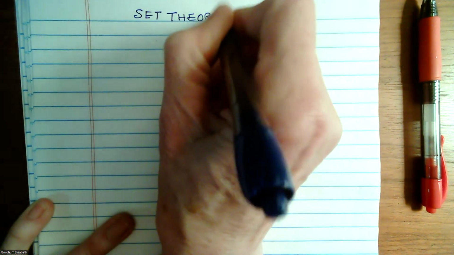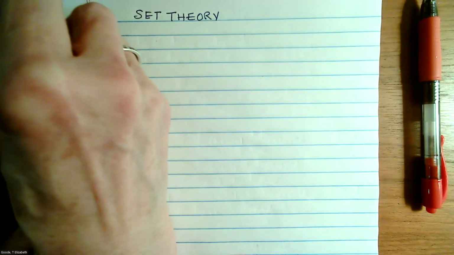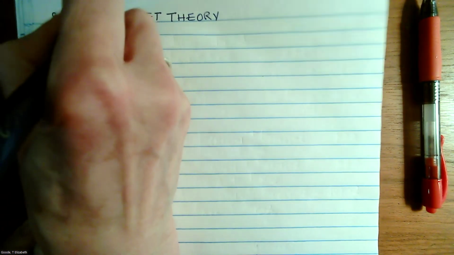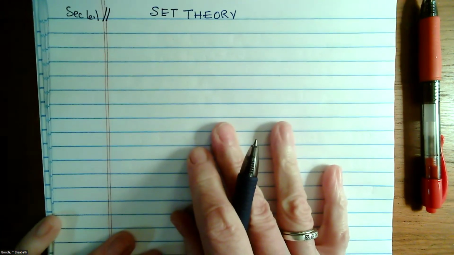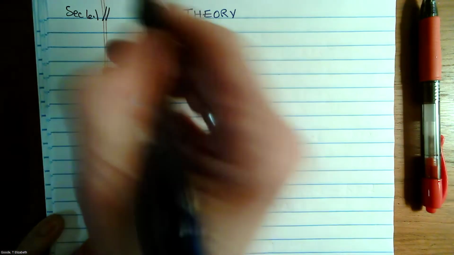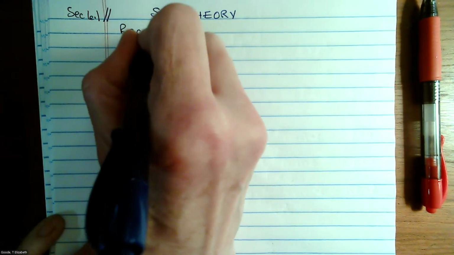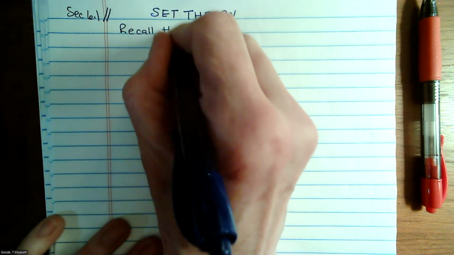So, set theory, let's do some review. We are now in section 6.1. Okay, we've just moved out of 5.6 into 6.1. So let's recall the following definitions.